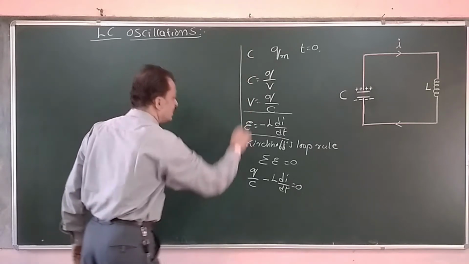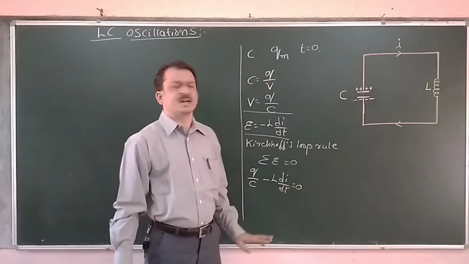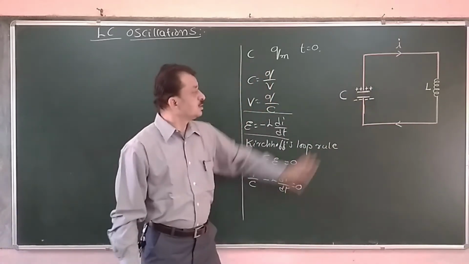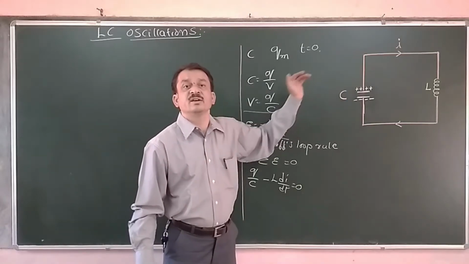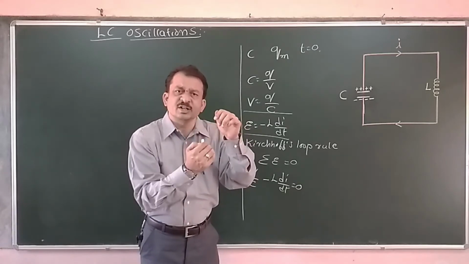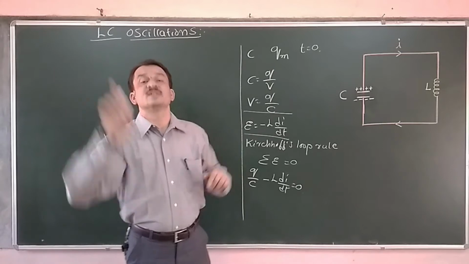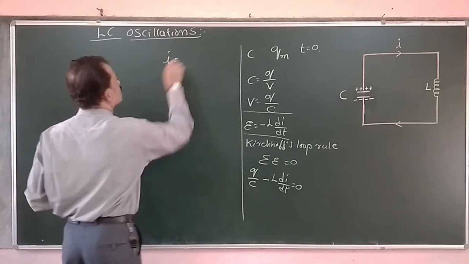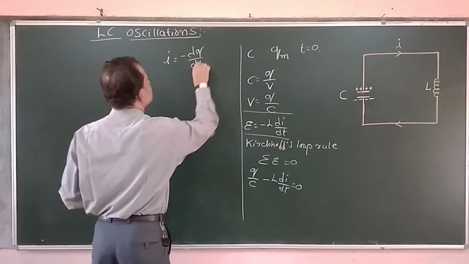Now look here, very interesting thing. As and when the inductor is connected, the charges start to flow. That means the number of charges goes on decreasing in the capacitor. As the number of charges decreases, what about the current? The current goes on increasing. So we will substitute the current I is equal to minus dq by dt.